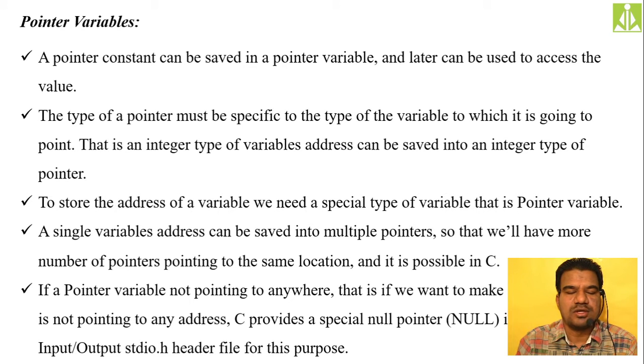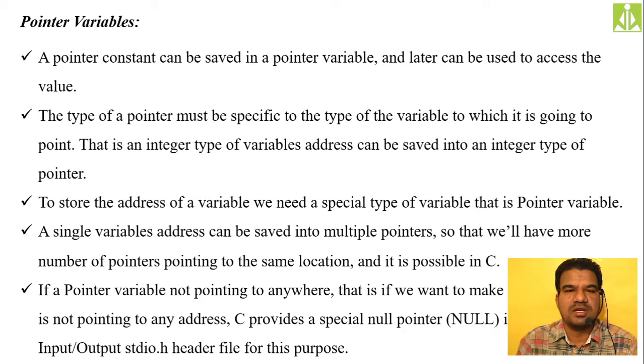And pointer variable, we said we can also declare a pointer variable. So to declare a pointer variable, simply we have to suffix the asterisk symbol after the type name. So whenever you are declaring a pointer type, the type of that pointer must match with the type of variable's address what you are going to store into that pointer.